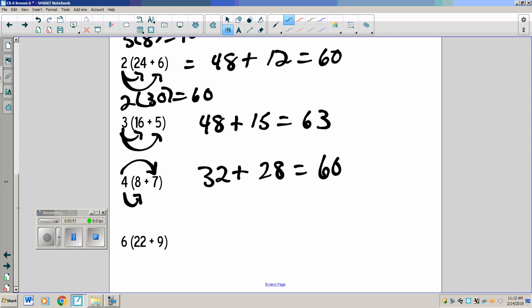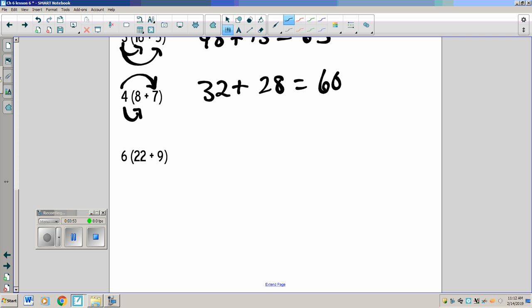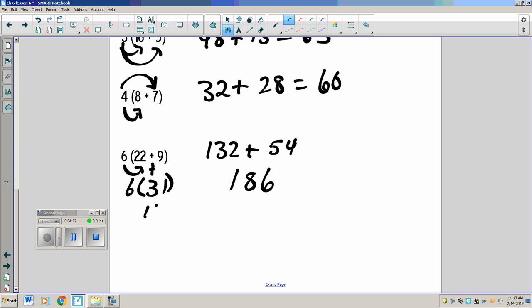And the last one on that page, 6 times 22 is 132, plus 6 times 9 is 54. Add that together and I get 186. 6 times 31, 186. Okay, so that's the basics of the distributive property.